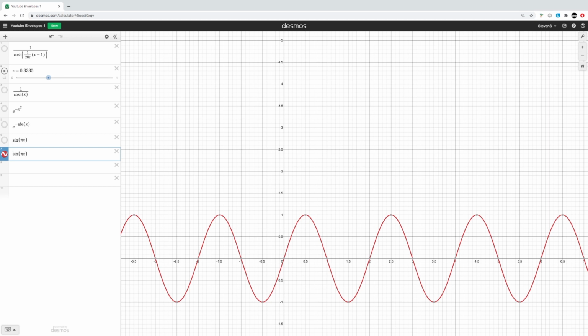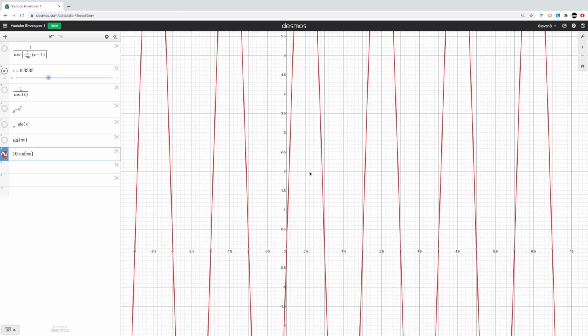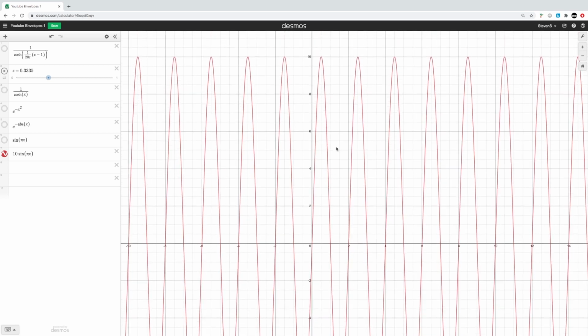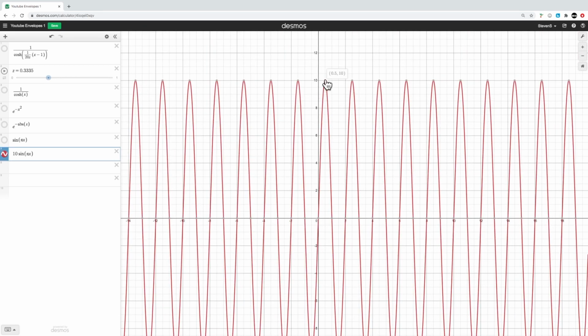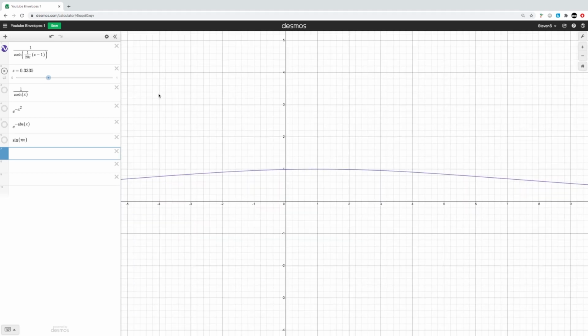It's at 1 right now, and 5 times 1 is 5. Or 10, I can make this sine wave stretch out really high up to 10, and then come back down to 1. Okay, so this is what we're going to do.